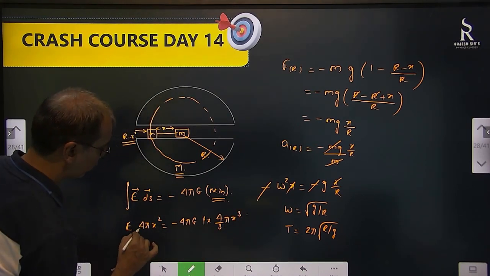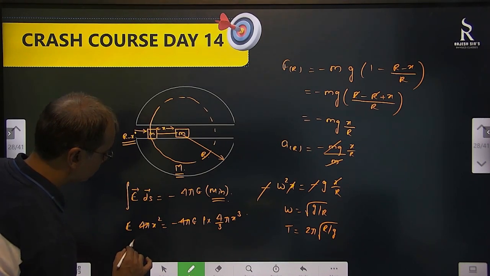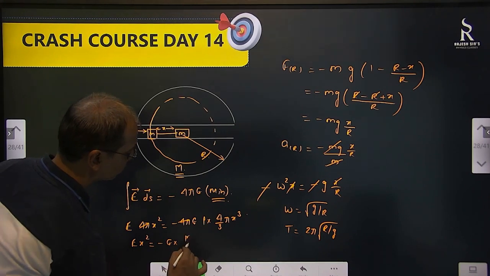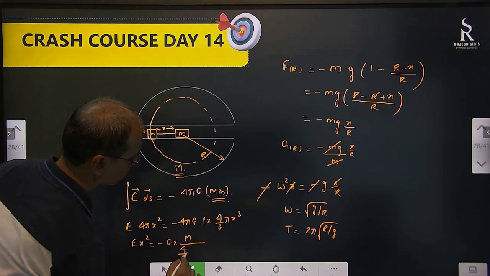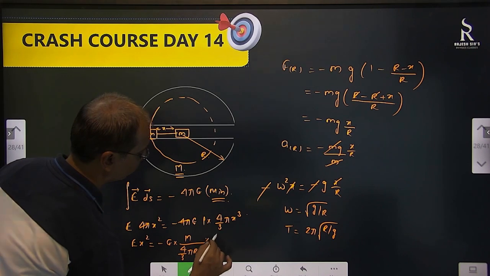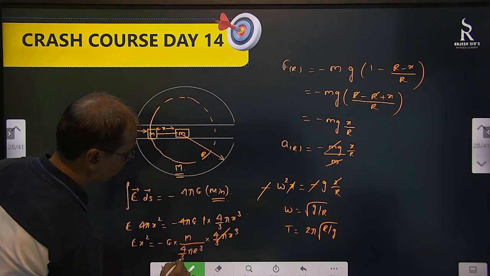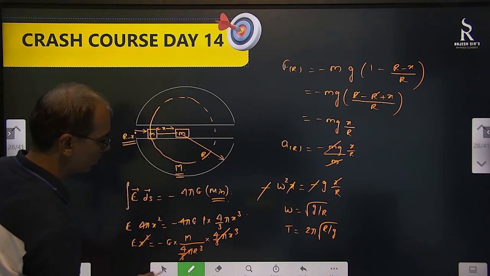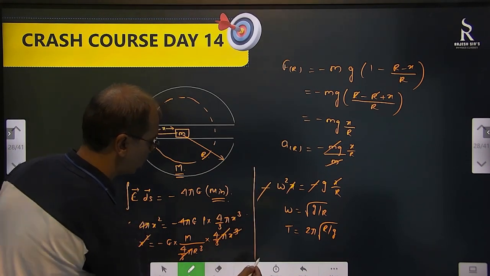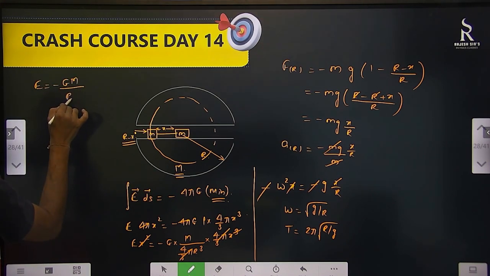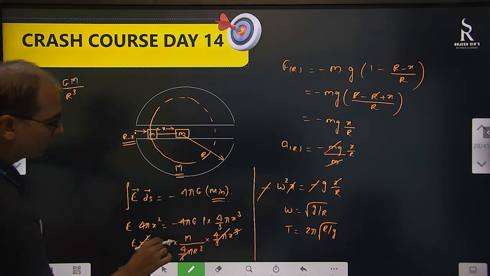Density means what? Now 4 pi I'll cancel first. So E into x square equals minus G. Now density is what? Mass by volume. So M by 4 by 3 pi capital R cube into 4 by 3 pi x cube. 4 by 3 pi cancelled. With x square, this x cube, x is cancelled. What we got? Electric field, not electric field, gravitation field is equal to minus GM by R cube into x.